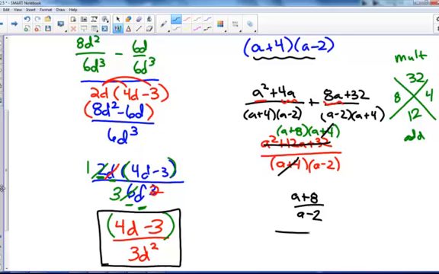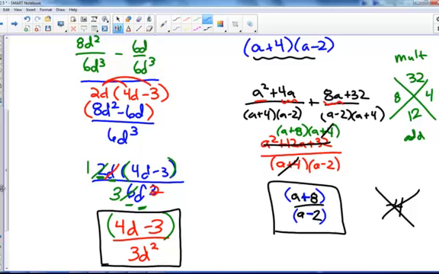You're done. Now, if you're looking at that and you think that can reduce to like -4, I want you to freak out and listen really deeply. When you have a plus or a minus, it links the two terms together. This is a binomial. A plus 8 can only be canceled with an a plus 8. If you had 8a over -2a, yes, you can cancel. You can get to -4.